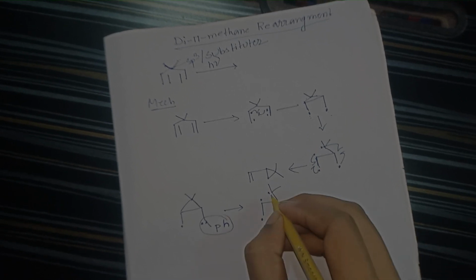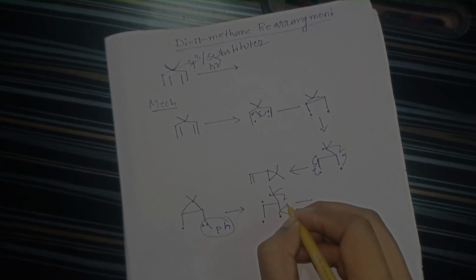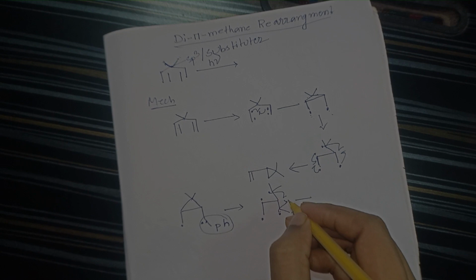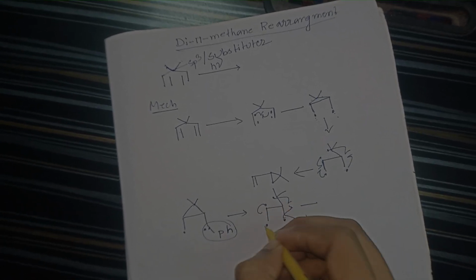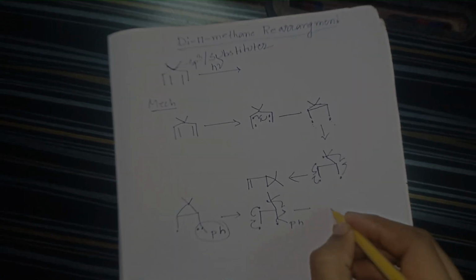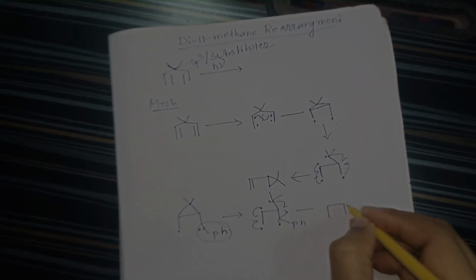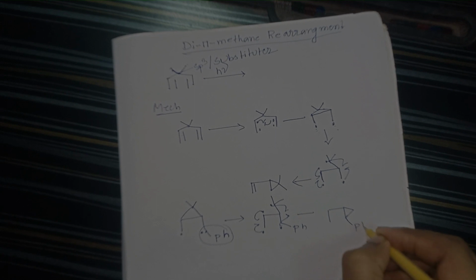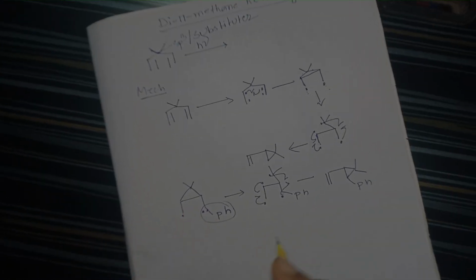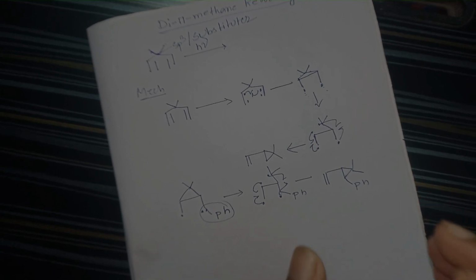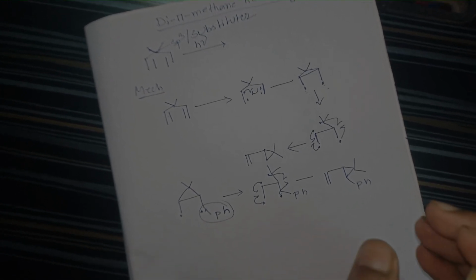And from these two radicals a bond is formed, and these two form a bond. So the product is this. This is the basic mechanism of di-π-methane rearrangement.